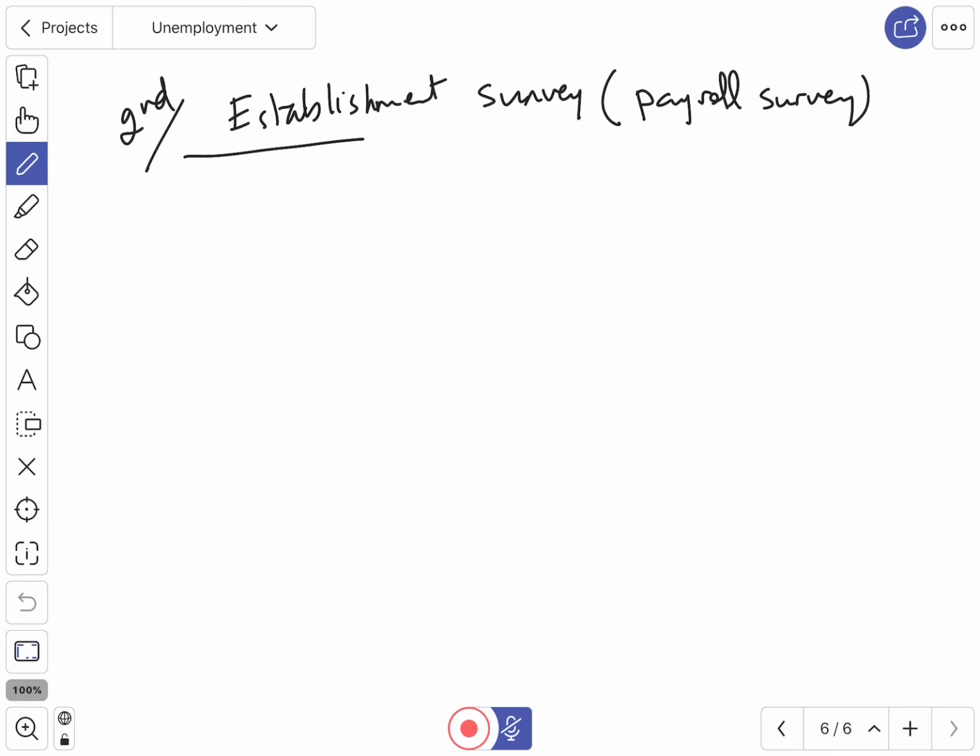As the name suggests, they go to the payroll of different businesses and try to count how many people are on the payroll. They do this for a sample of 300,000 businesses or business establishments.